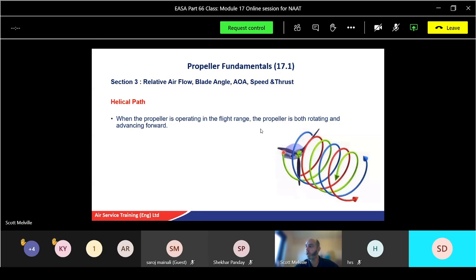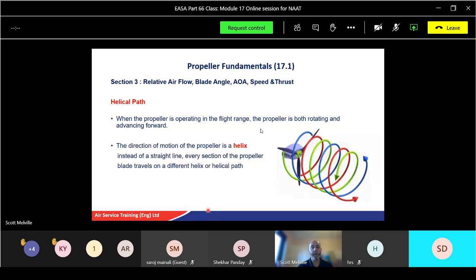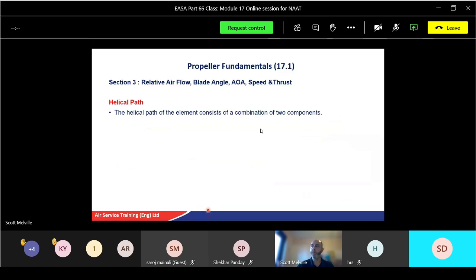So you can see this green one here. As it's going round, it's trying to corkscrew through the air. The direction of motion of the propeller, we call that the helix. Instead of a straight line, every section of the propeller blade travels at a different helix or helical path. The helical path element consists of a combination of two components.